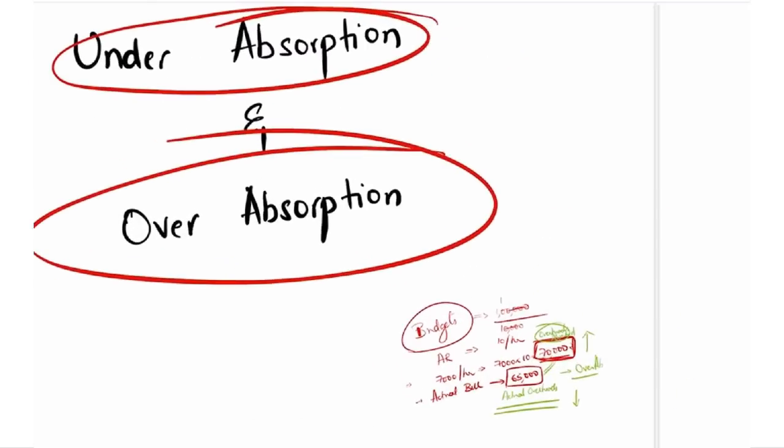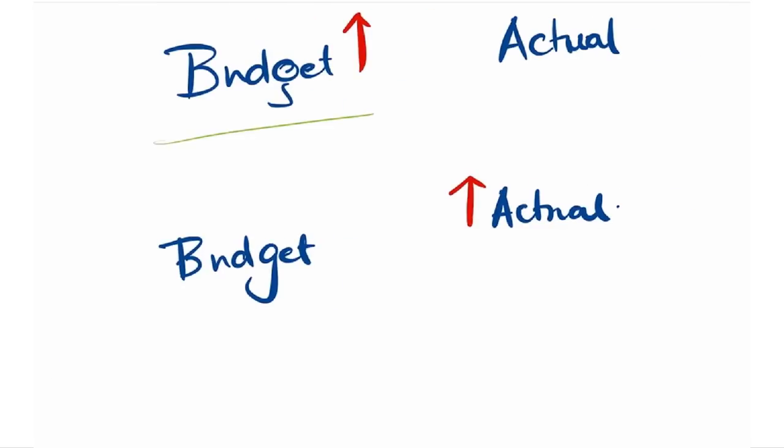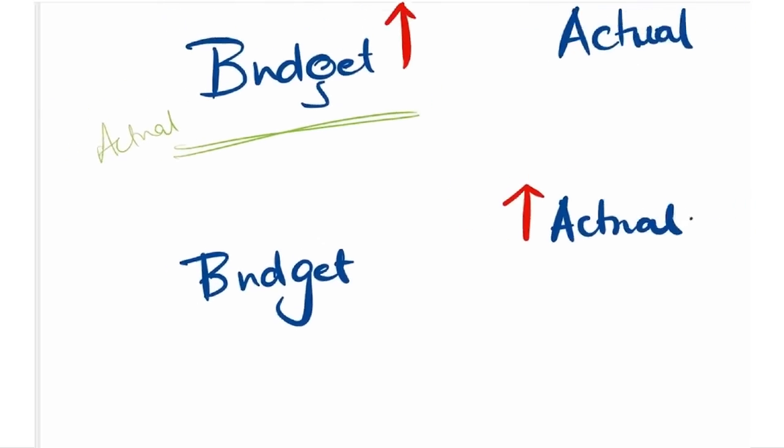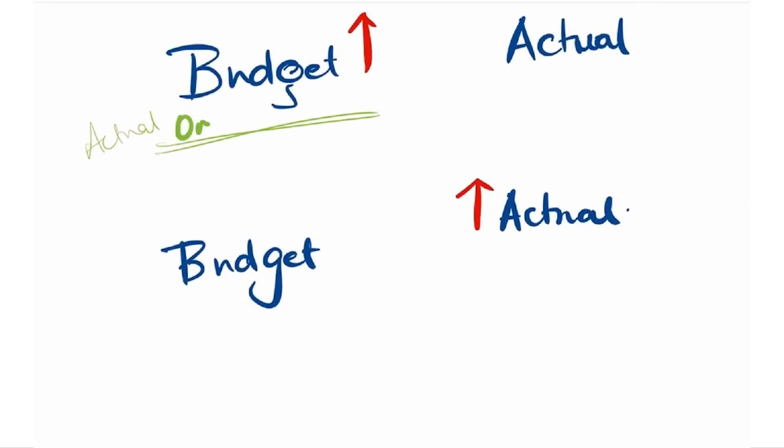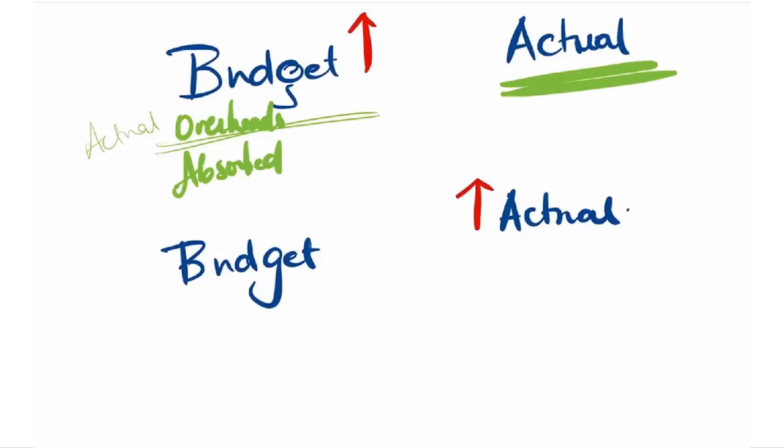Now let me look into this. If my overheads absorbed is greater than my actual overheads, that is what I recovered is more than what it cost, then we call it as over absorption.